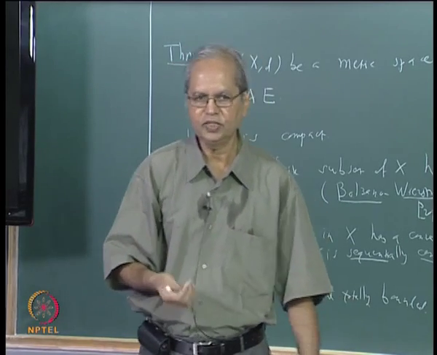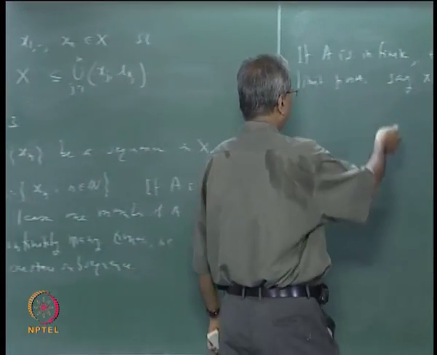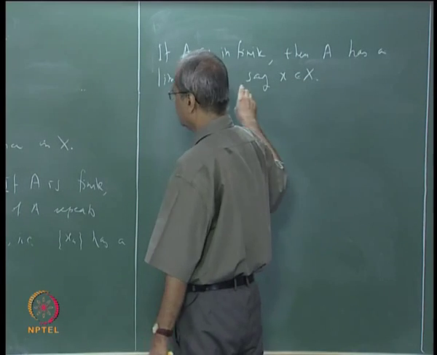So if a limit point is in particular a point in the closure, then if you take any open set with x as the center, it should contain some point in A other than x itself.